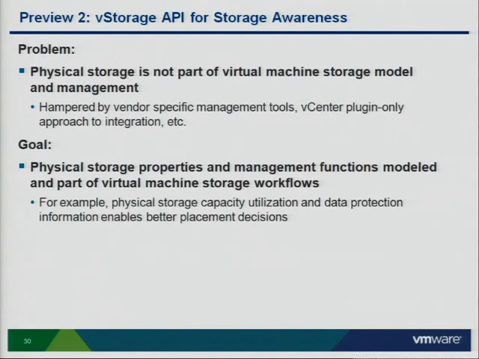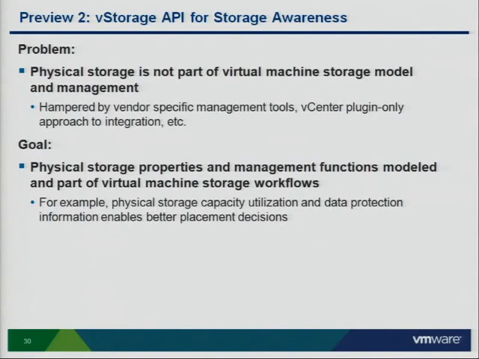And so we'd like to marry the two things, what happens at the virtualization layer and what actually happens at the storage layer. And the way we'd like to do it is we want to import a few properties and functions of storage. We want to model it as part of the virtual machine object model that you are probably familiar with. That's how the VMware SDK works. And so once you get to model it, all the workflows that relate to VMs, be it storage vMotion decision making.